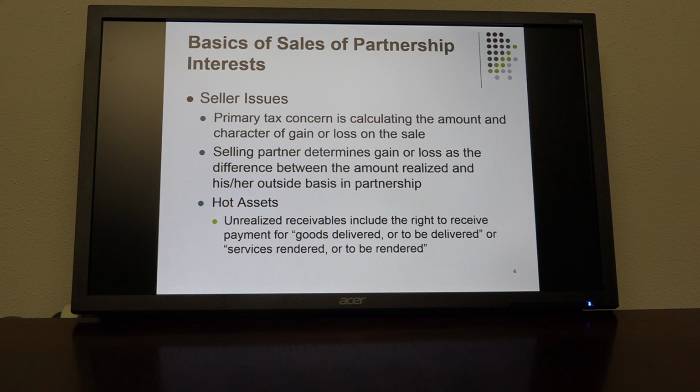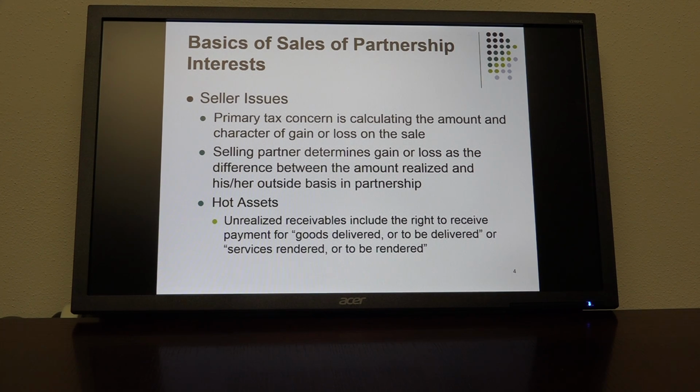So a couple of different ways, three different ways you could do that. Anyway, so the general rule is the amount realized minus the partner's basis equals their gain or loss.